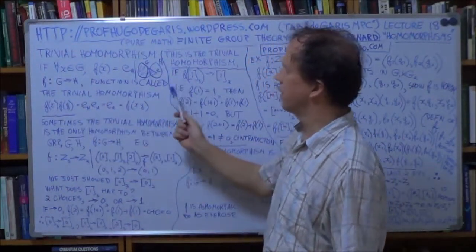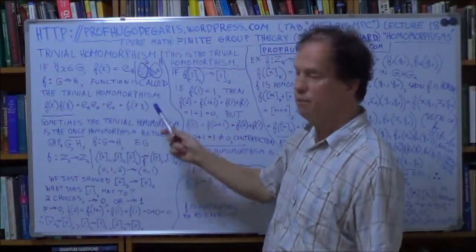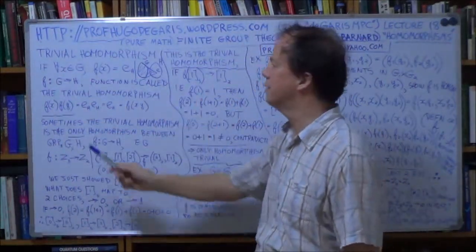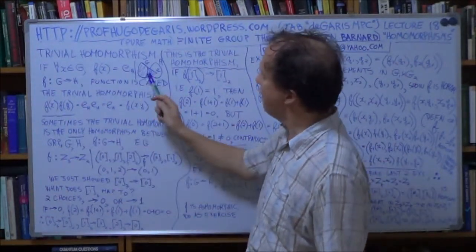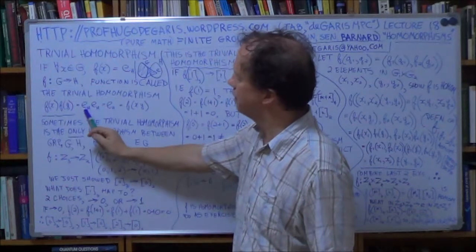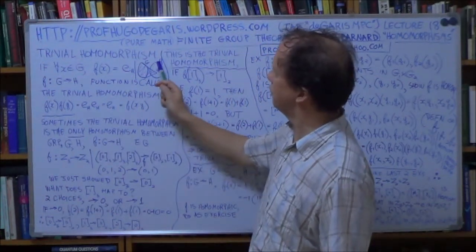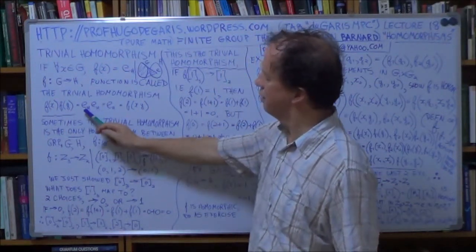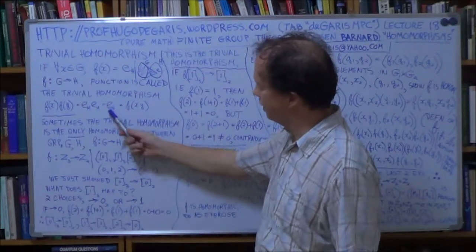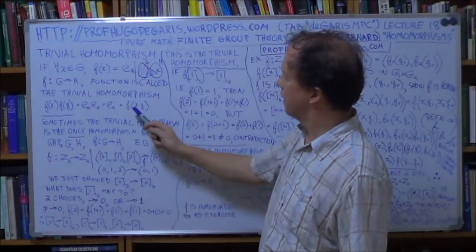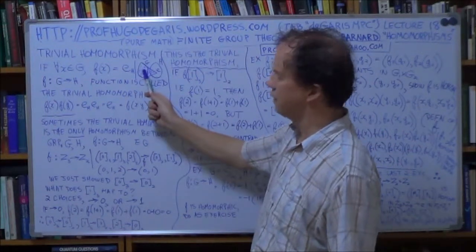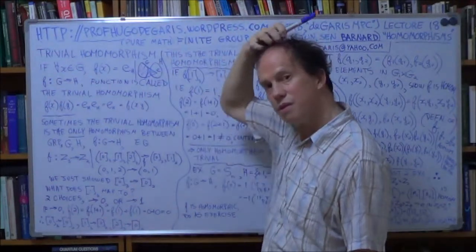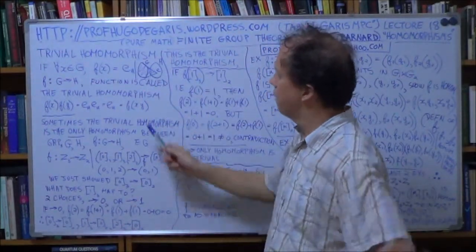So now we can show pretty quickly that it is a homomorphism. The usual thing: f(x)f(y) equals f(xy). Since everything maps to E, f(x) will map to E, that's E of H, the unit of H. And f(y) will map to E, so you get E twice, which is just E. And xy, just two elements in here, so the result xy will be some element of G, because G is a group, so it's closed.